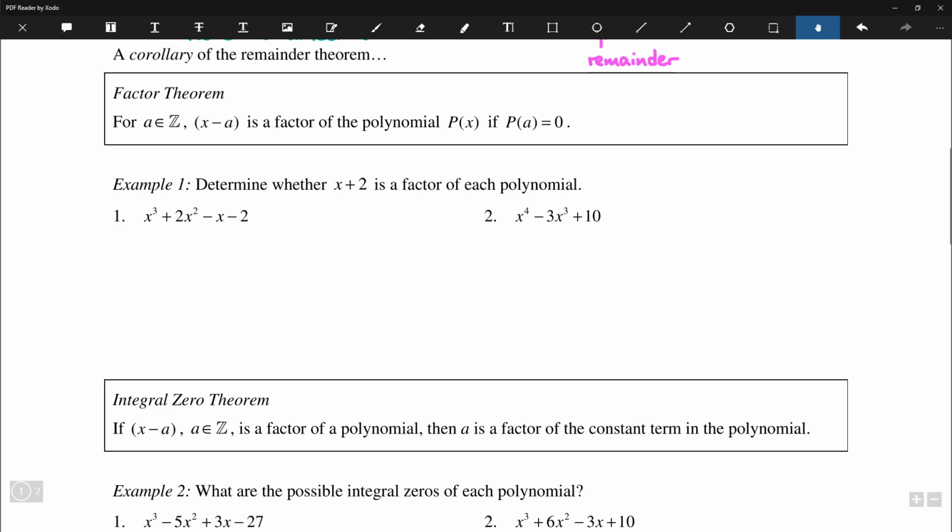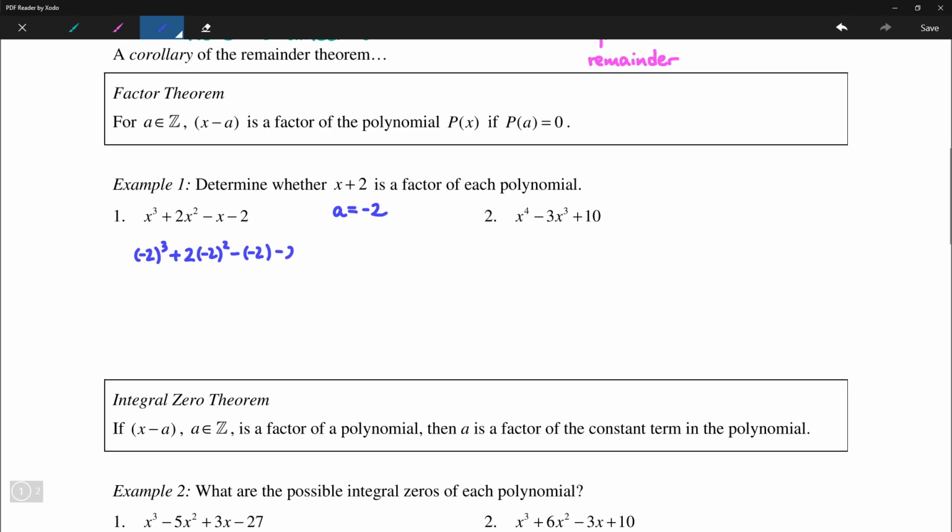So just a quick note here. It says, determine whether x plus 2 is a factor of each polynomial. In these two cases, a is simply going to be equal to negative 2, and we'll substitute it into these two polynomials. So here we have negative 2 cubed plus 2 times negative 2 squared minus negative 2 minus 2.